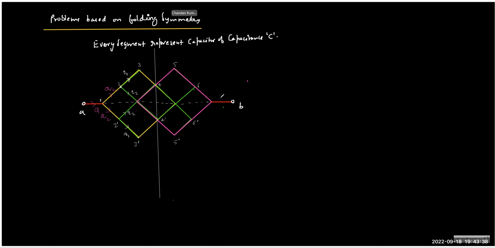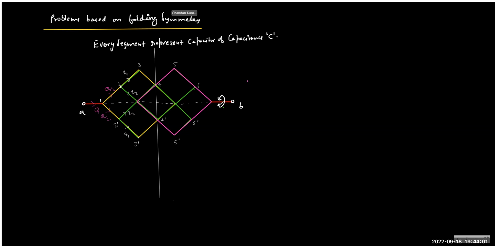And that is why in such a scenario, we talk about folding symmetry. See, I'm not saying you're supposed to remember these names. You understand the logic, then automatically you can fold it into half, because we are trying to reconnect the same potential points.